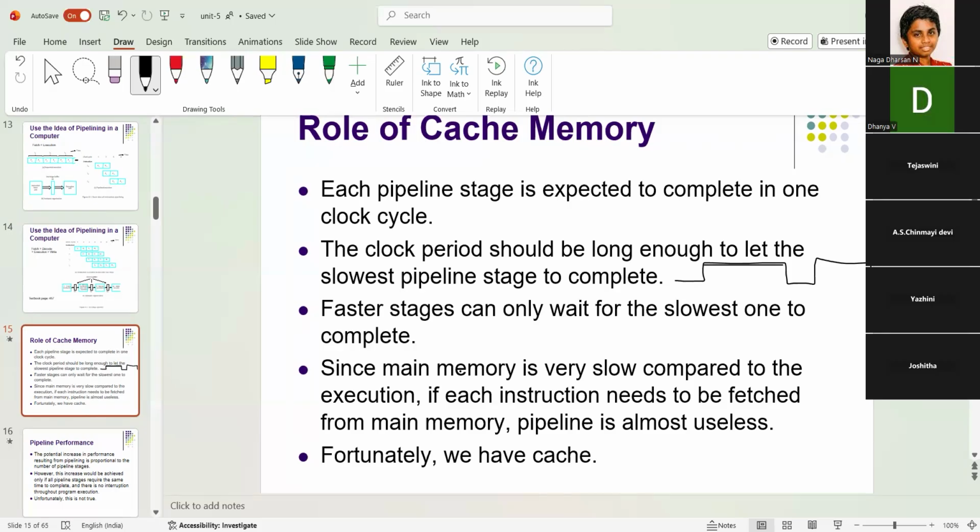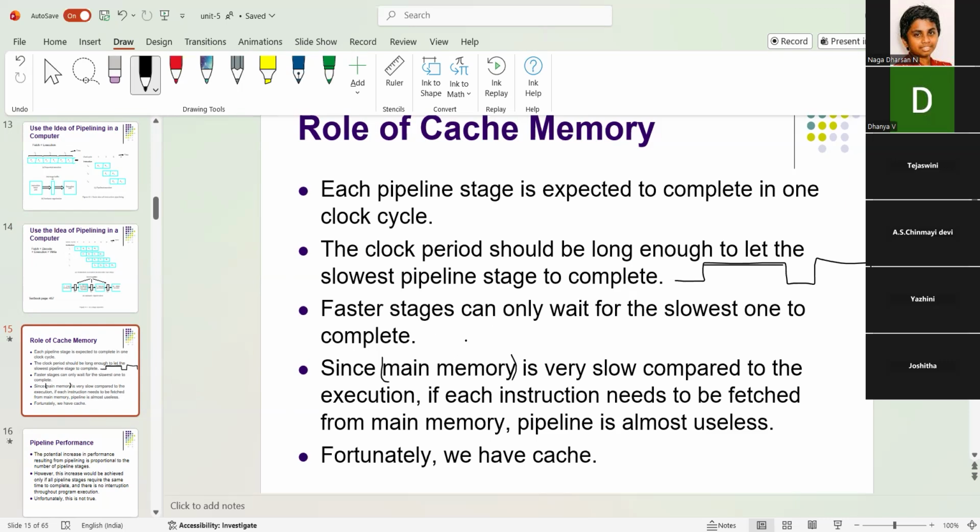So sometimes accessing from the main memory is very slow, right? So in that case, we have something called cache, because accessing from the main memory is itself a very, very slow process. It will eventually defeat the purpose of pipelining itself. I told you that the slower stage will decide the speed of your pipelining.